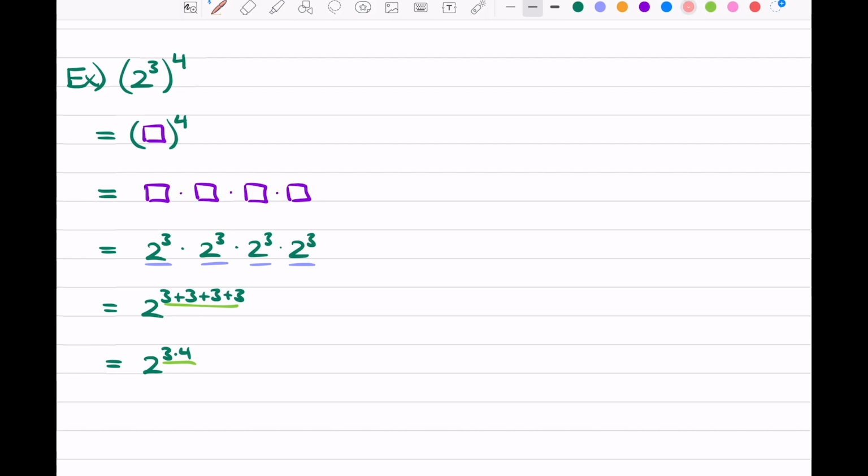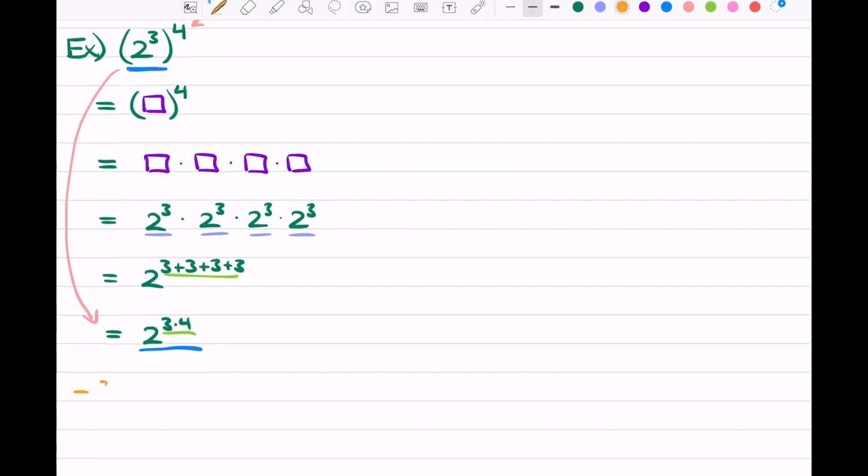If we raise a number to an exponent, and then raise that to an exponent, we can just multiply the exponents. So from our first step, we can go straight to the last step. So 2 to the third to the fourth power becomes 2 to the 3 times 4 power.